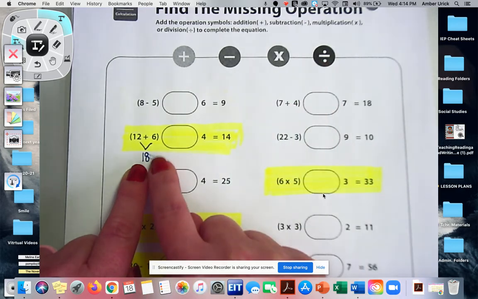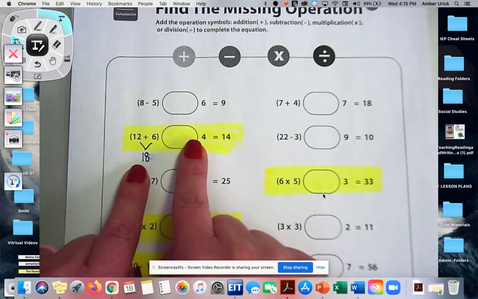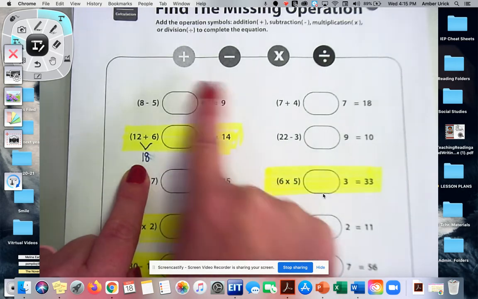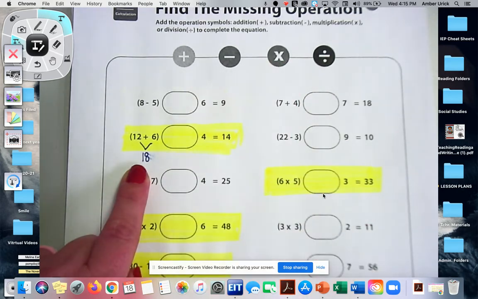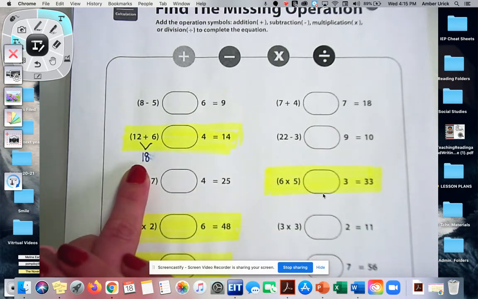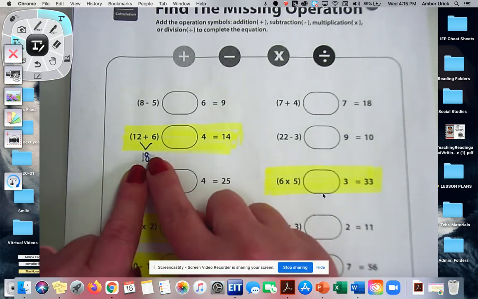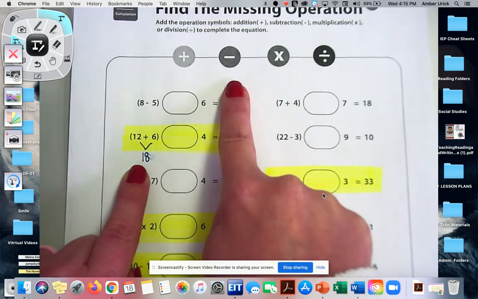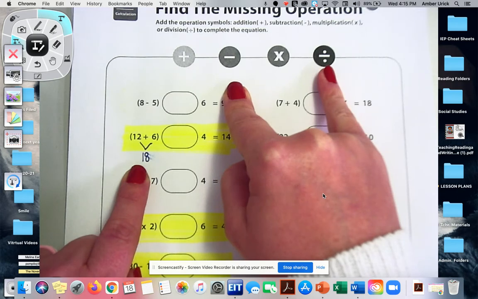Because the big bad bully, as I call it, has to be in front. If this number here is smaller, and then something happens to it and it becomes larger, then it would be the addition or multiplication symbol. And then the ending number or product would be larger. Okay, so I see an 18 and then the ending number is smaller. So I see that it either has to be subtraction or division.